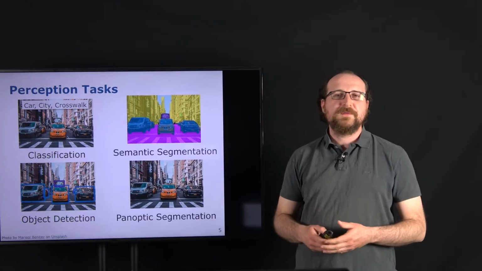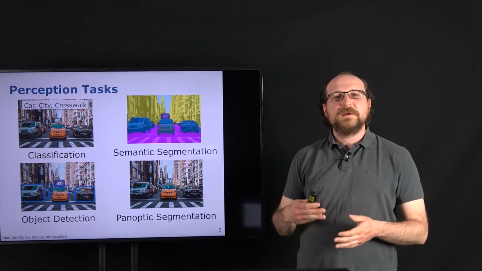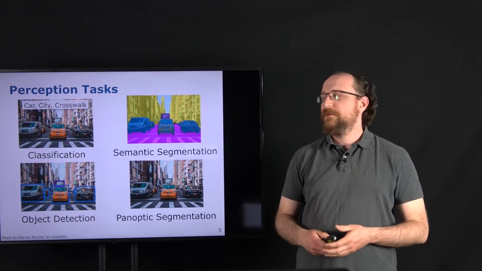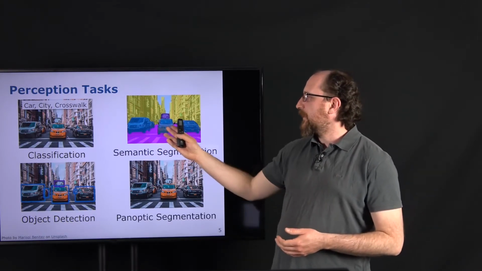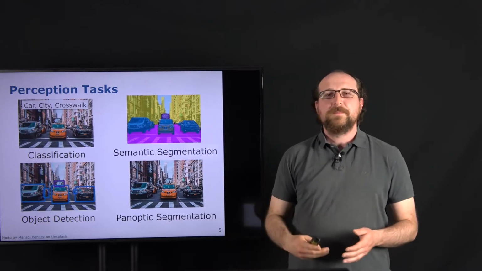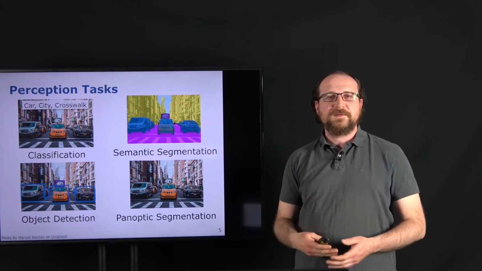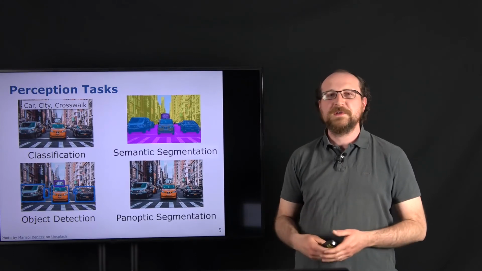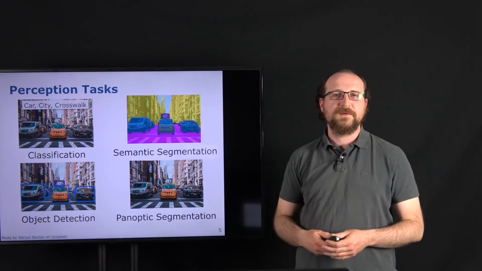Instance information means that we can really distinguish different objects, so that in this semantic segmentation here, you cannot distinguish this pixel from this pixel, because they are just classified as car. So you have to do something in the end to figure out that there are different objects in the scene.